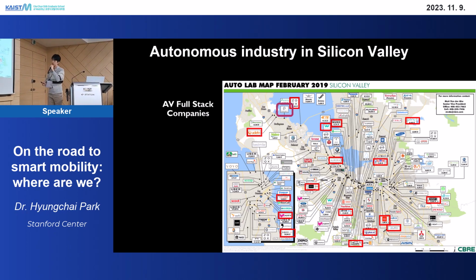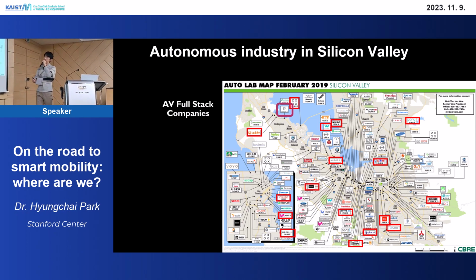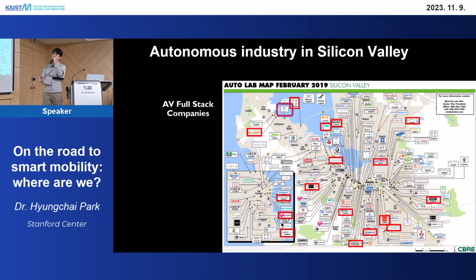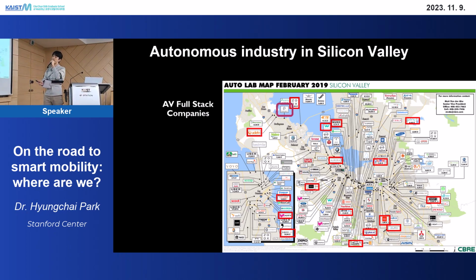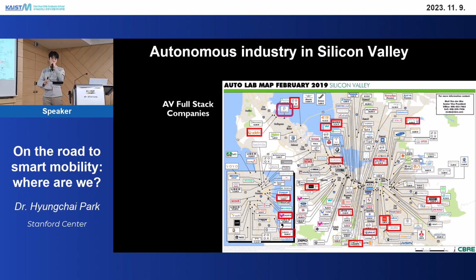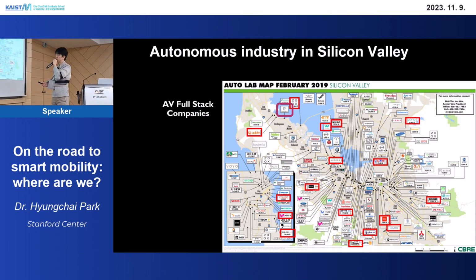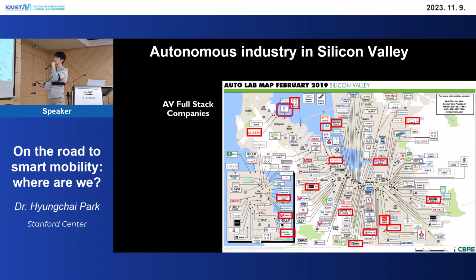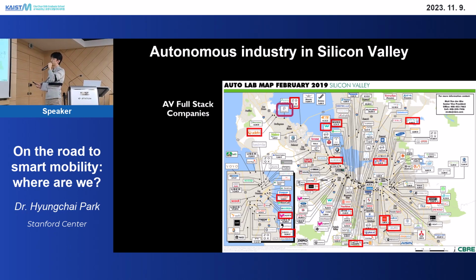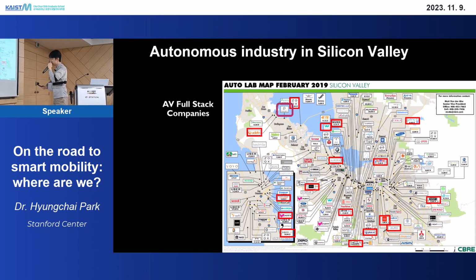There are lots of companies, and some are developing the autonomous vehicle full stack, doing everything from A to Z about autonomous driving. You might have heard of Zoox here, and Waymo here, and Pony.ai, and so on.